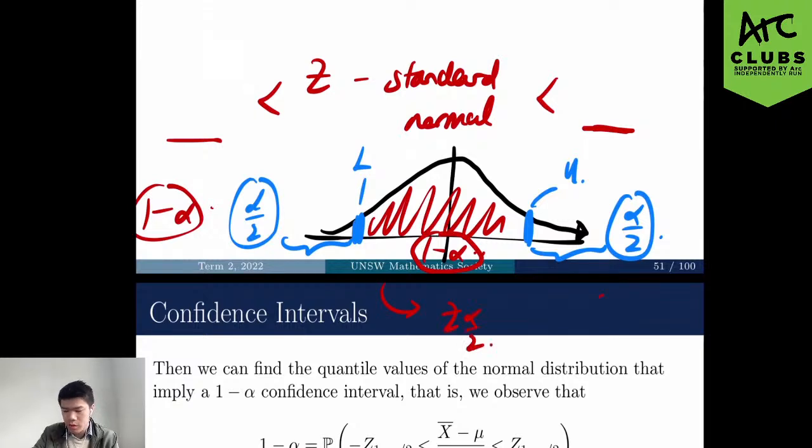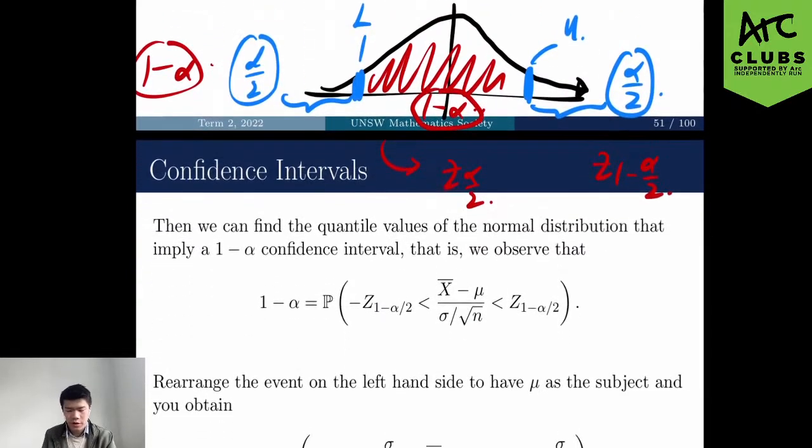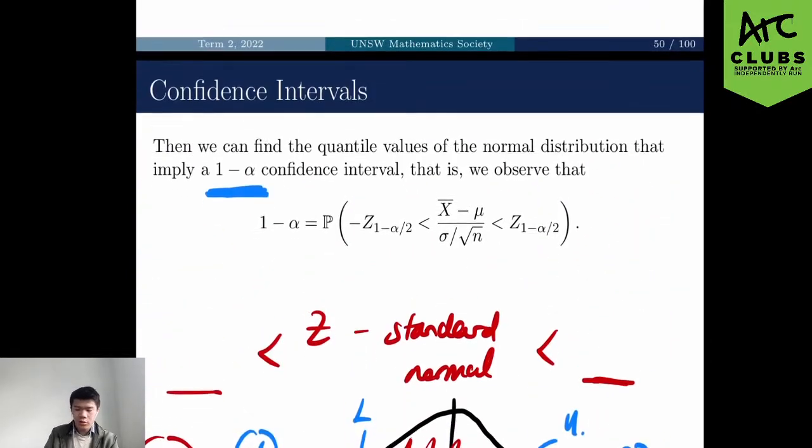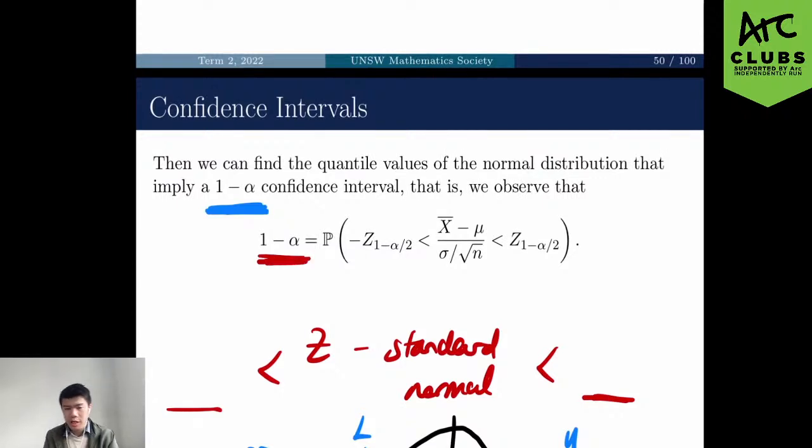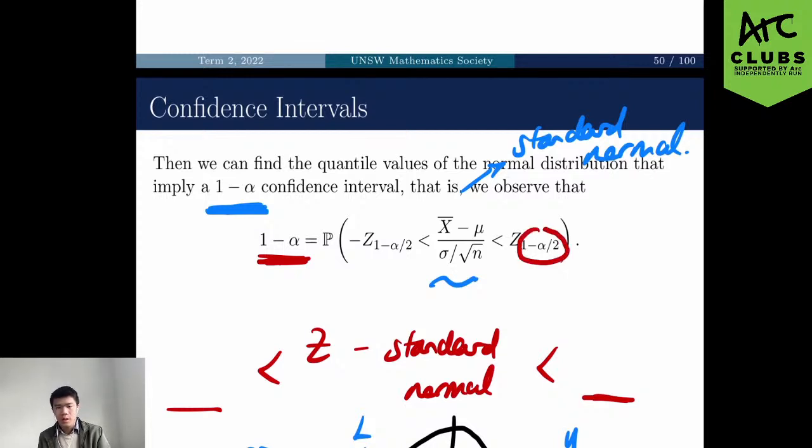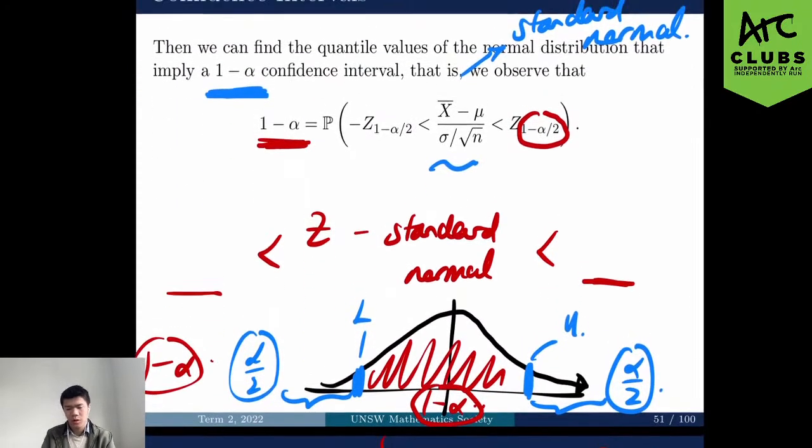This one's going to be the 1 minus alpha on 2 quantile. And that's what we've written over here. So we know that 1 minus alpha is equal to the probability that this beautiful thing, this standard normal variable, lies between these two quantiles. That's why we get this 1 minus alpha on 2, because we're trying to divide the remaining probability, which is alpha, into 2 parts.